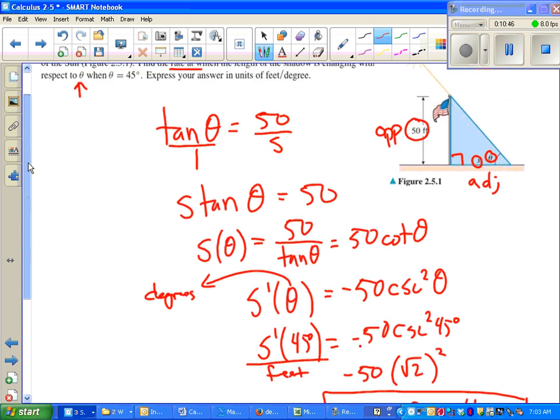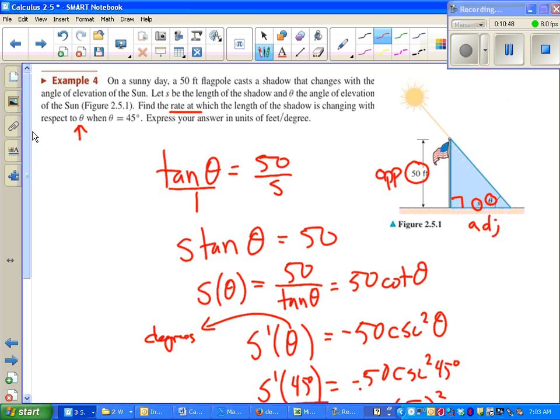Going back to what that's really saying in the problem, every time this degree changes by 1, you're going to get a longer shadow by less than 100 feet, meaning the sun's probably coming over this flagpole and causing the shadow to get shorter and shorter.